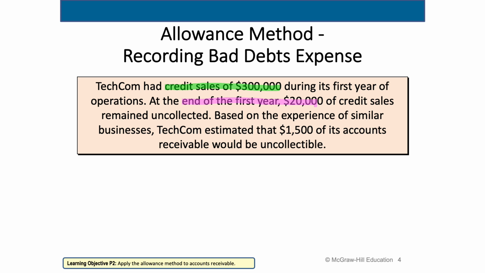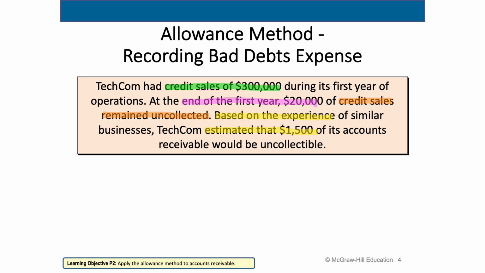And they say that based on the experience of similar businesses, and based on the experience of the company Telecom, they estimate that out of the 20,000 account receivable, only 1,500 will not be collected. So now, at the end of the first year, I have account receivable of 20,000. But Telecom has experience in the market and they know their customers.